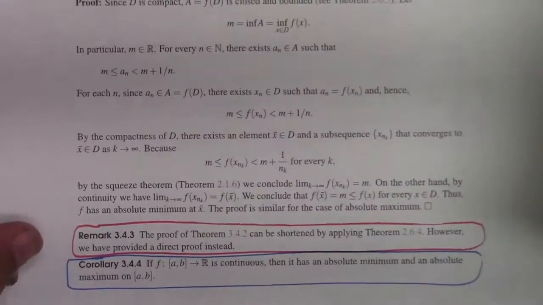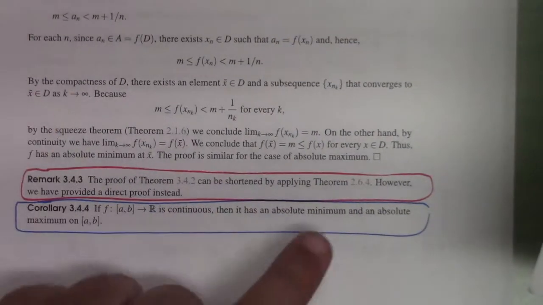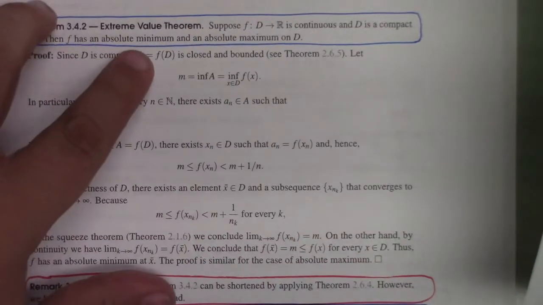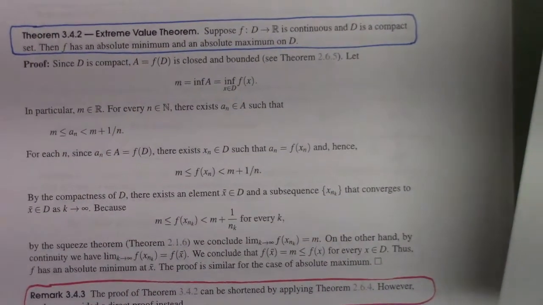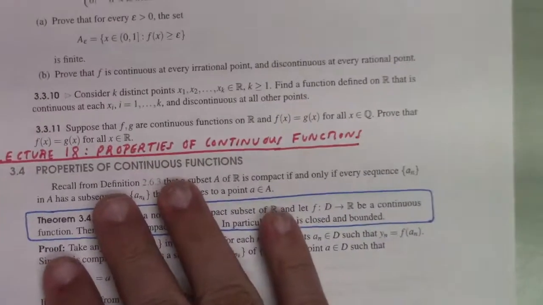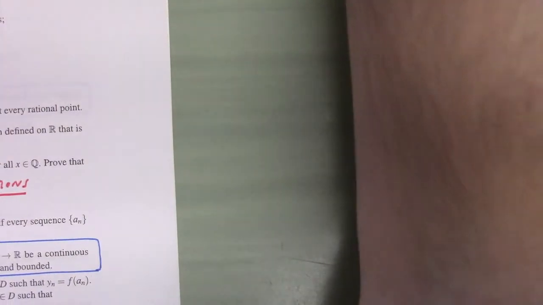Or the easier version of the proof of the extreme value theorem. If I give you theorem 2.64 and ask you to prove this, then there are ways of taking the proofs in this section and making them into decent test questions if you put the right on-ramps onto the questions. So anyway, I just thought I should say a little bit about that since your test is soon approaching. So thanks, guys.